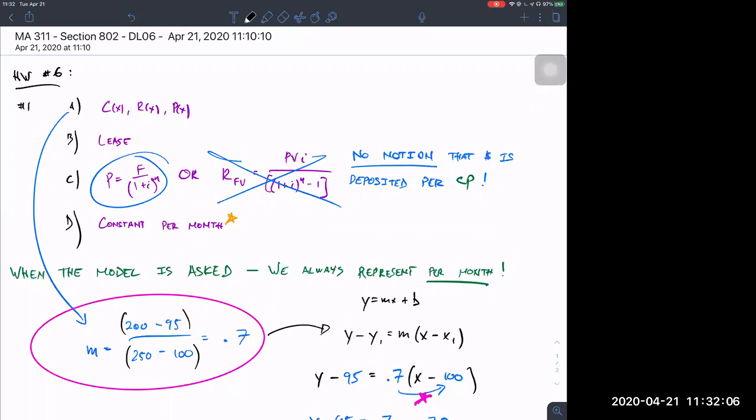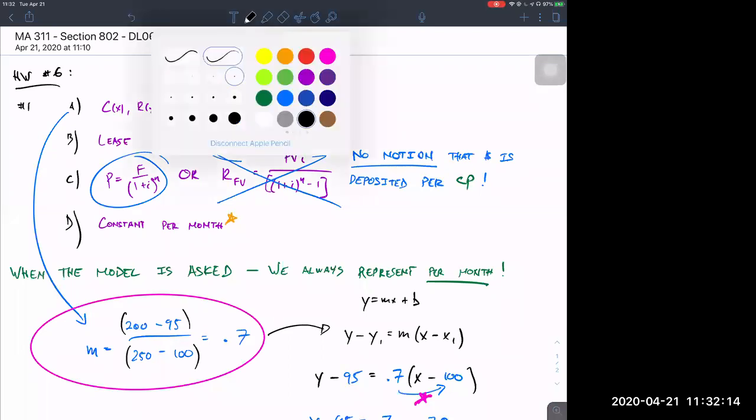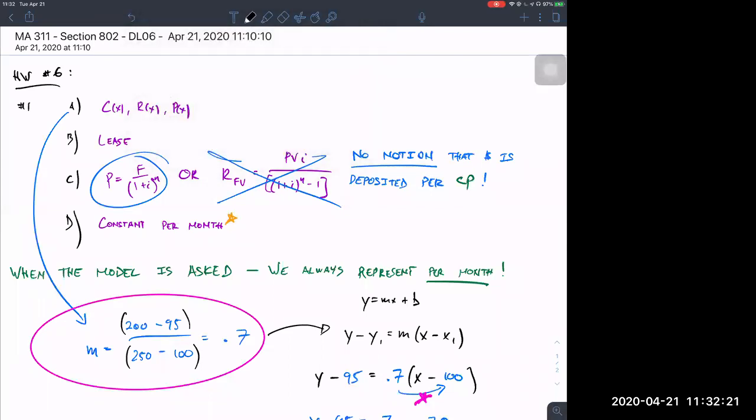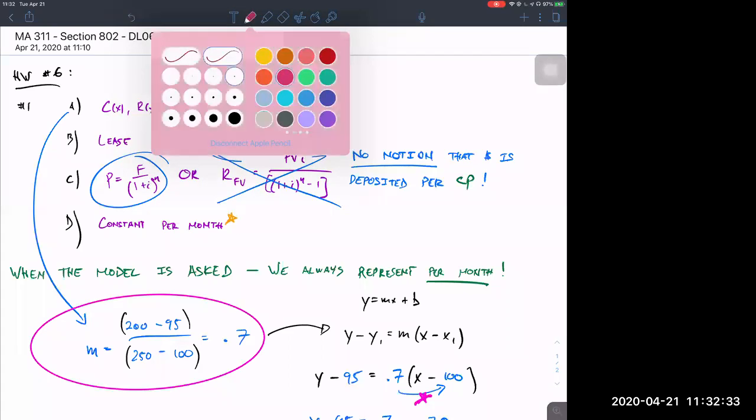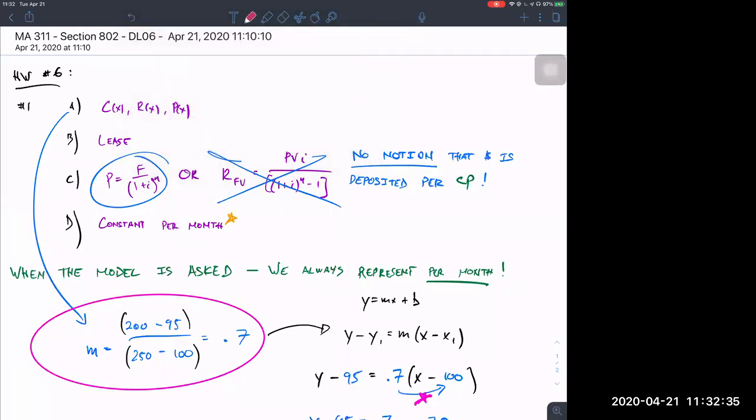It says you want to take 10% of your income to deposit away every month. So that means that of these 3, A, B, C, D, right? What is making you money in the moment of the month? Well, it can't be the lease, right?